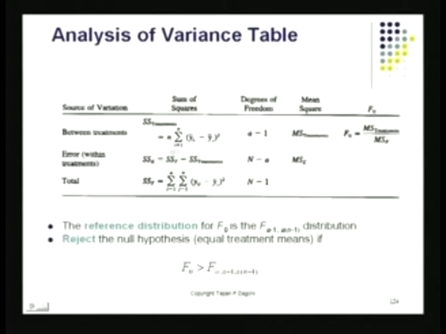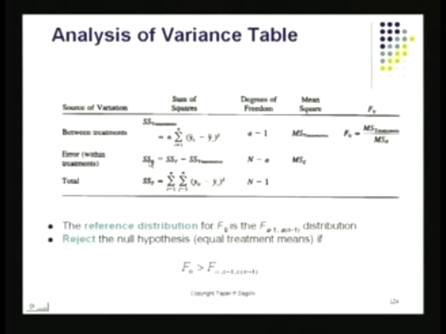And what does this show to us? It makes a summary of, first of all, the different sums of squares, their degrees of freedom, and the mean squares. The first column is the sum of squares due to treatments. This is going to be between treatments. And the error sum of squares, this is within treatment.